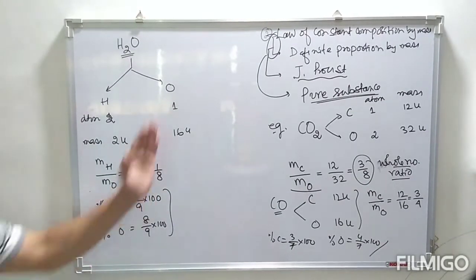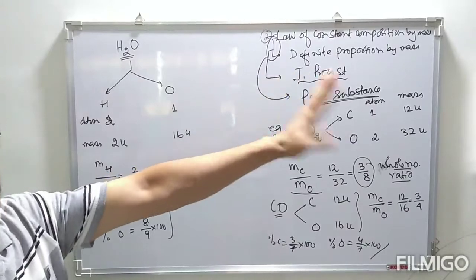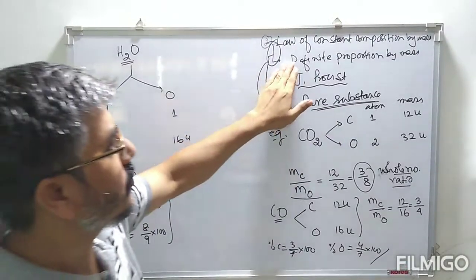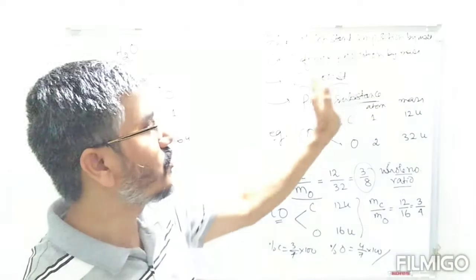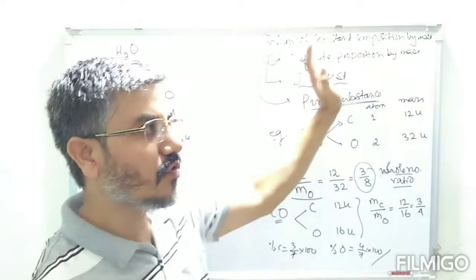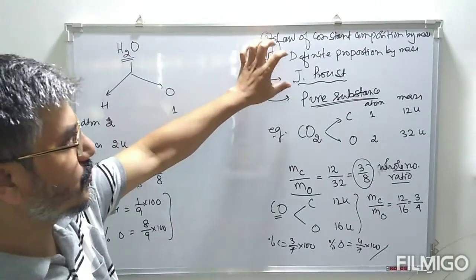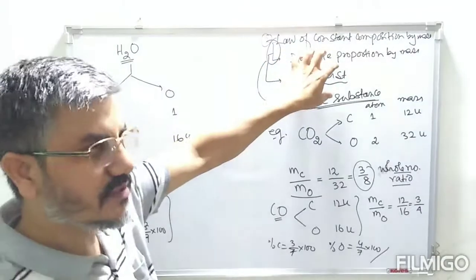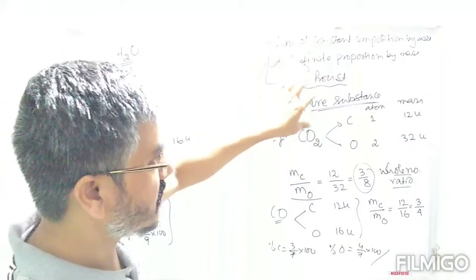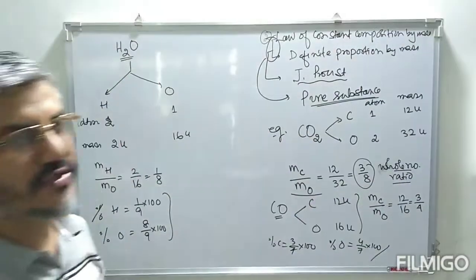So this is what we call the law of constant composition by mass, or law of definite proportion by mass, or law of definite composition by mass, or law of fixed percentage composition. This law was given by Joseph Proust, and it is applicable only for pure substances.